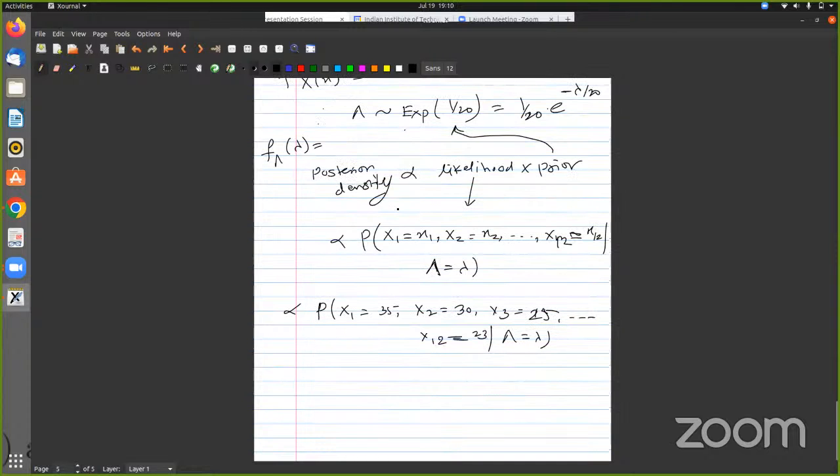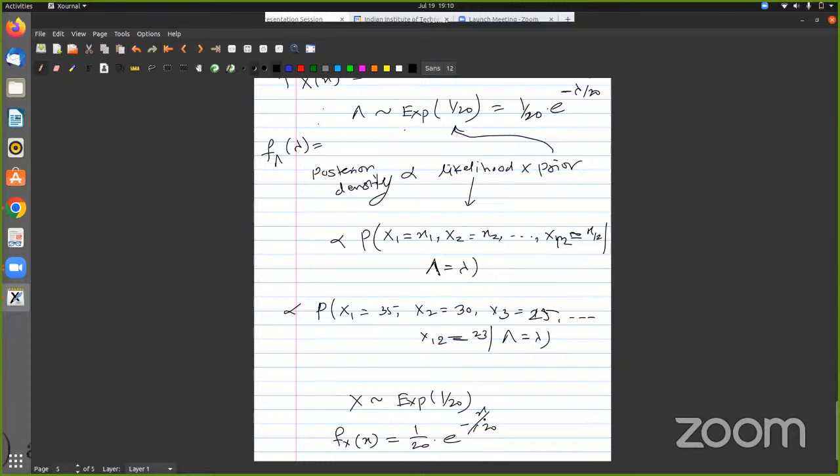Tell me, when my x has the distribution exponential 1 by 20, and I want to find fx of x, how will I find it? What is the formula for this? One by 20 times e to the power minus x by 20, right?